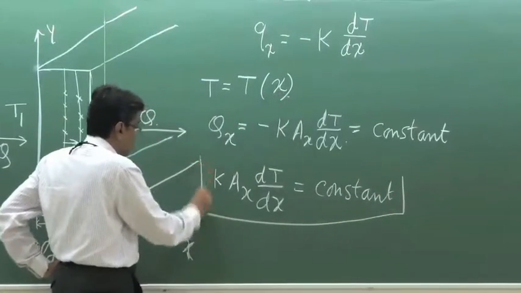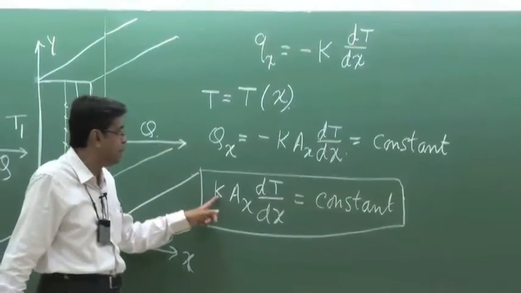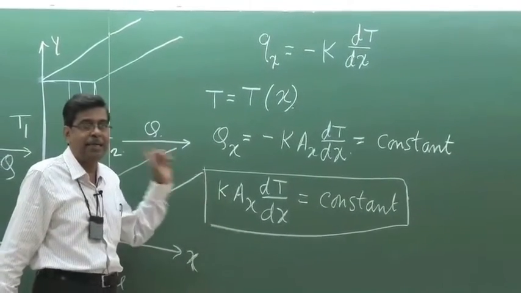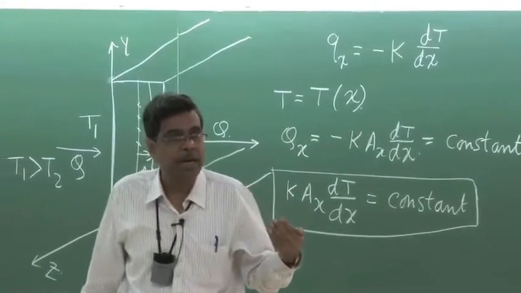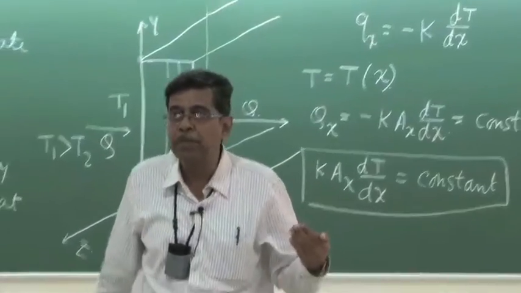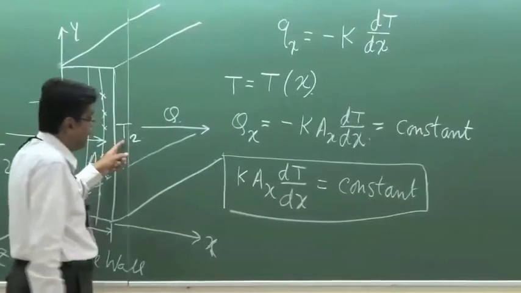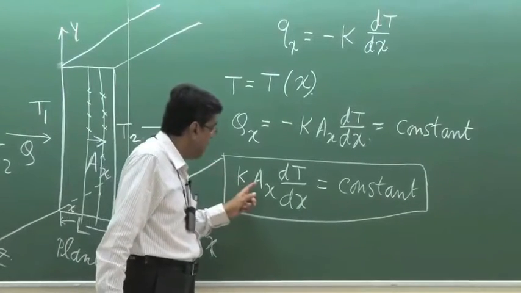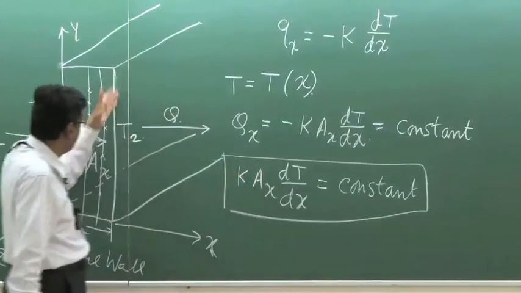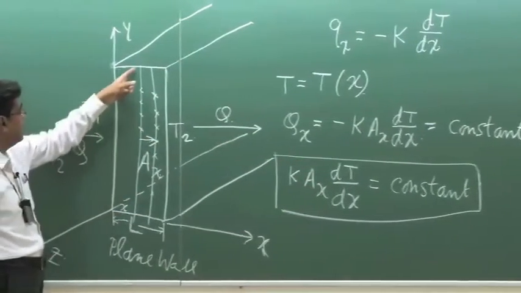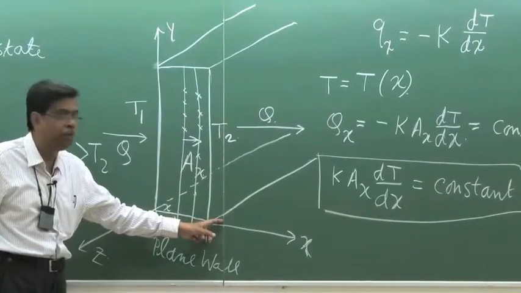conduction. Now, if we assume additionally that k is independent of the temperature and the direction, that means the material is isotropic and its thermal conductivity is independent of the temperature or doesn't vary much within this range of temperature studied, then at the same time, if we consider Ax constant, meaning the problem is defined for a plane wall, that means the cross-sectional area Ax is independent of the direction of heat flow x.